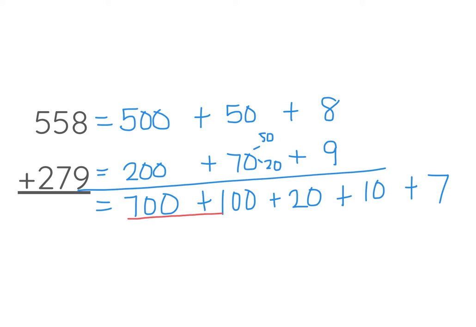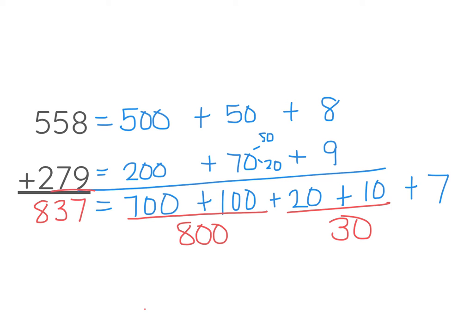Combine 700 plus 100 equals 800. 20 plus 10 equals 30. So 837. Great job.